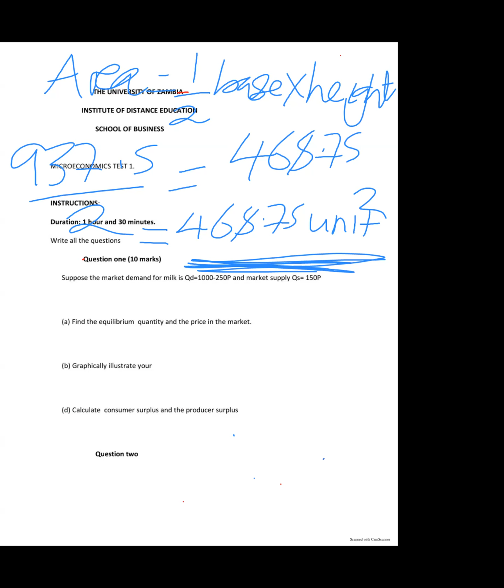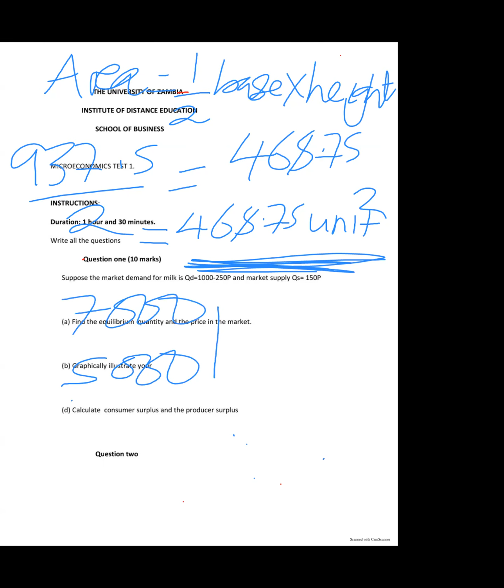The producers might be willing to supply the commodity at 500 kwacha, then they happen to supply it at 700 kwacha.